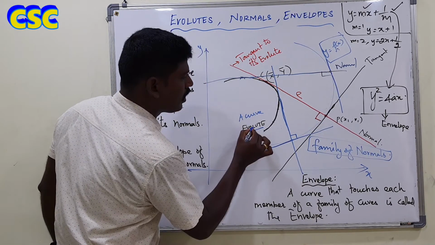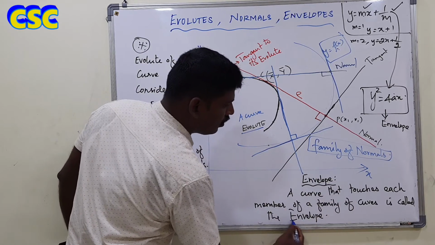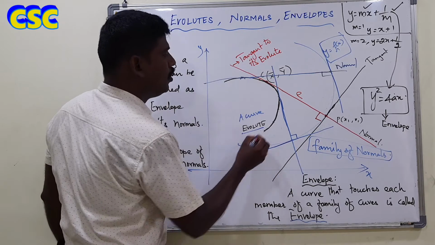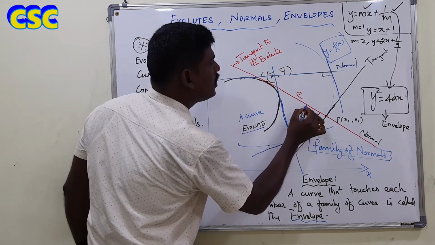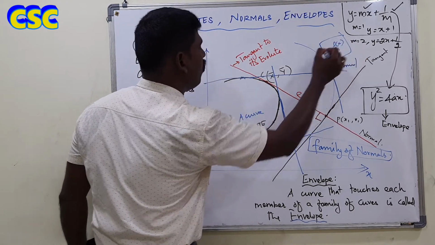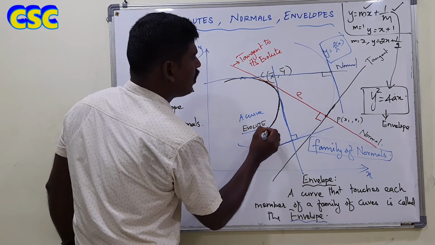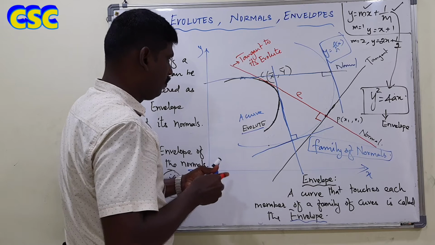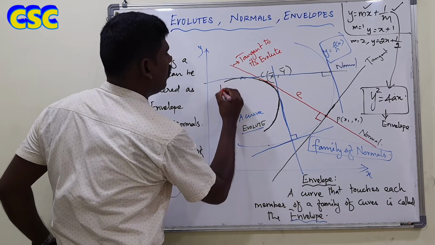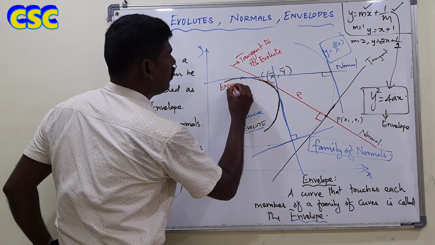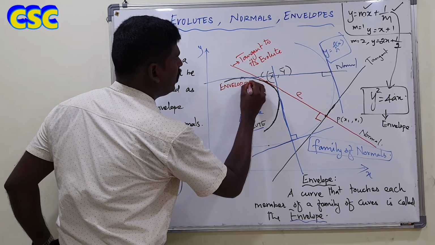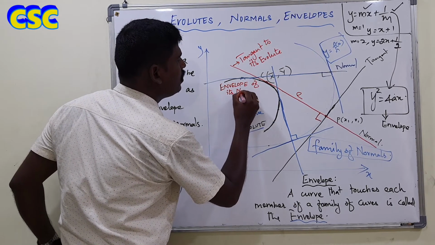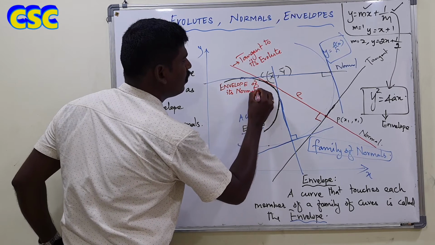So we call this curve the envelope, isn't it? A curve that touches each member of a family is called the envelope. So this curve touches each member of the normals to the curve. Therefore, this curve is called the envelope. This same curve is called the envelope of its normals, isn't it?